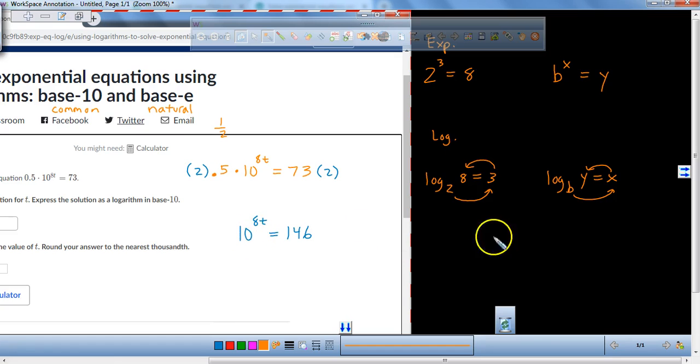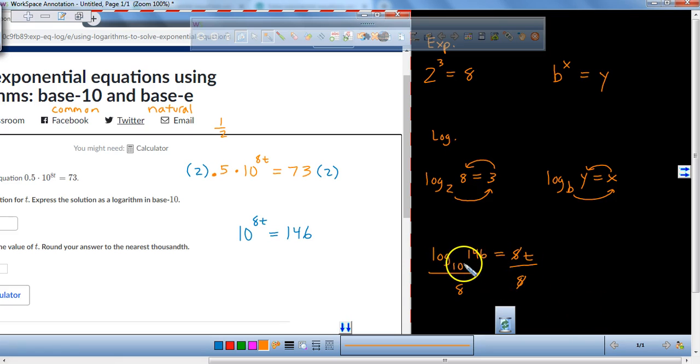See that 10 is the base, so I could write log base 10 of 146 is equal to 8 times t. That's one way you could rearrange it. And then if you wanted to solve for t, you could simply divide both sides by 8. And you're done.